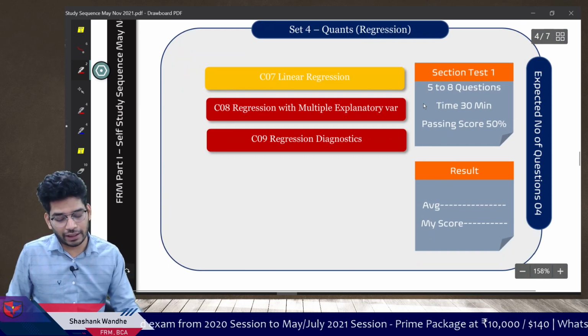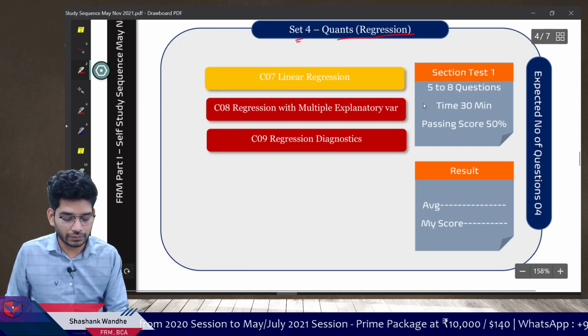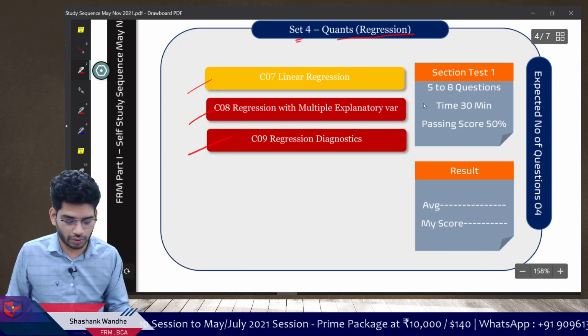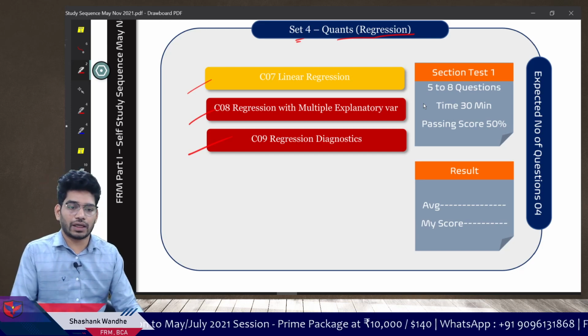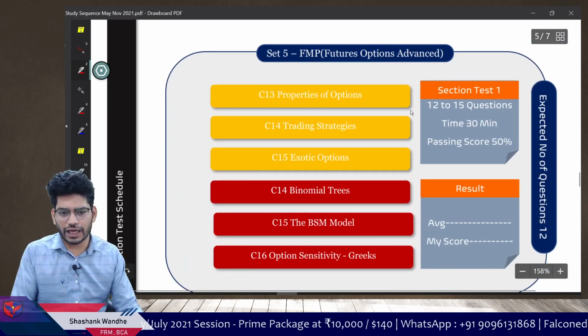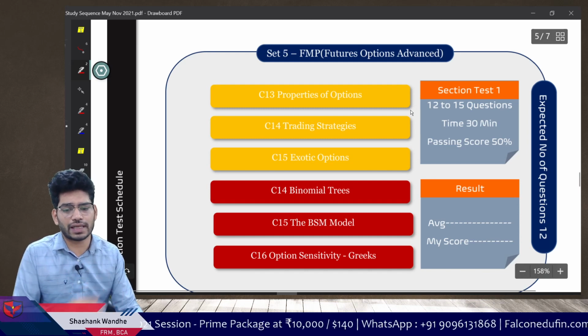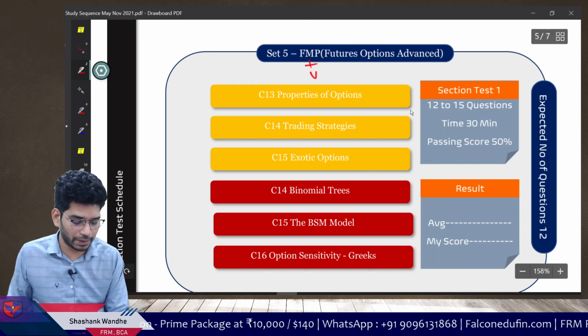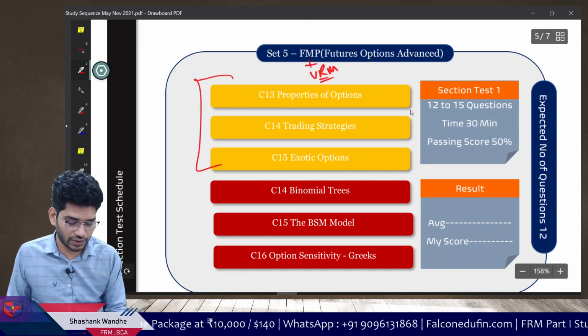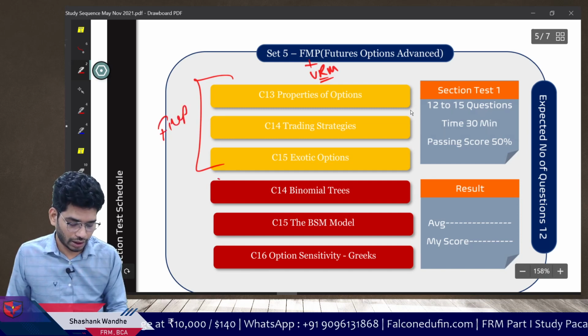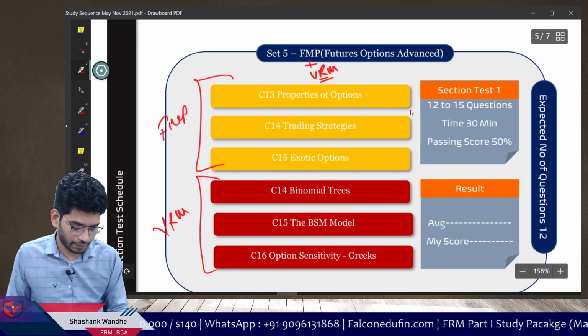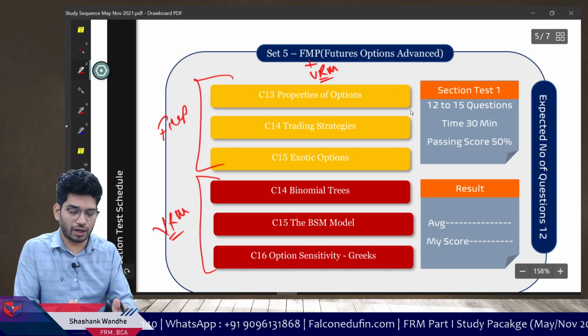Next is set 4, quants. In quants you have 3 topics, 2 are difficult and 1 is easy. Next is for the FMP, which is futures and options, and which is advanced. This is FMP plus VRM. These 3 are from the FMP and these 3 are from the VRM, but it is part of the same discussion.